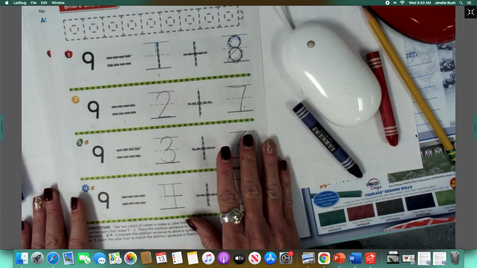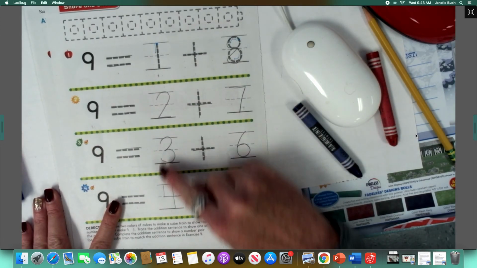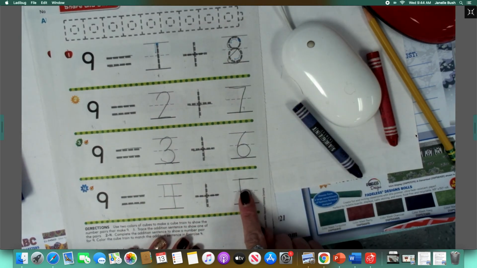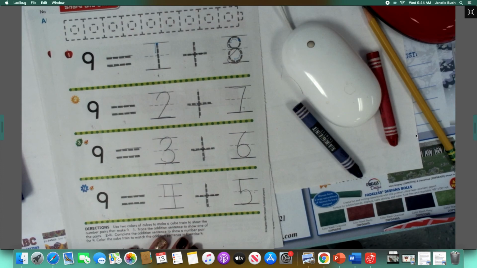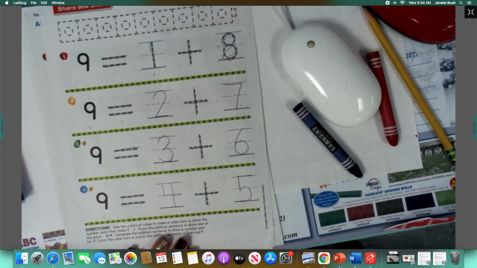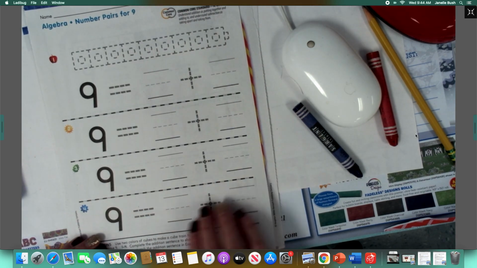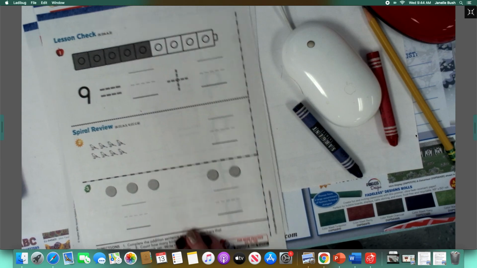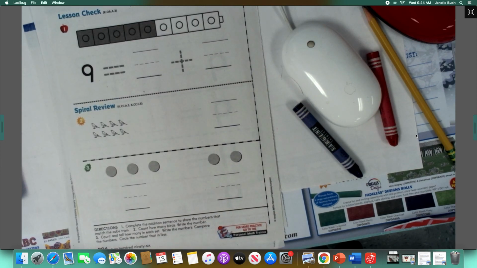And as you can notice, it's in a pattern. It's like 1, 2, 3, 4, and then it goes backwards, 8, 7, 6, 5. So you're just writing different addition sentences to make 9. Okay, so you're going to do that on your homework page. And then on the back, you're going to complete the back like we always do. And remember, the directions are written down at the bottom.